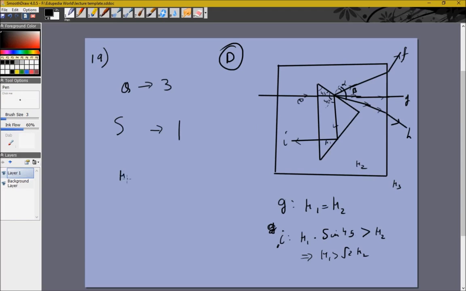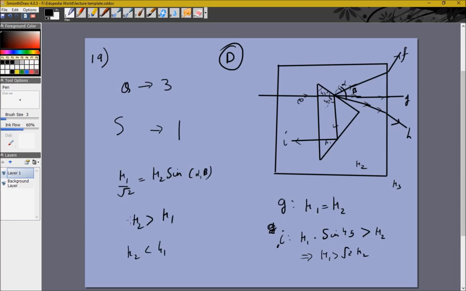So obviously mu1 sine 45, mu1 by root 2, is equal to mu2 sine alpha, or whatever beta you want to have. Right, now sine alpha is less than 1 by root 2. If sine alpha is less than 1 by root 2, mu2 has to be greater than mu1. And if sine alpha is greater than 1 by root 2, then mu2 has to be less than mu1.